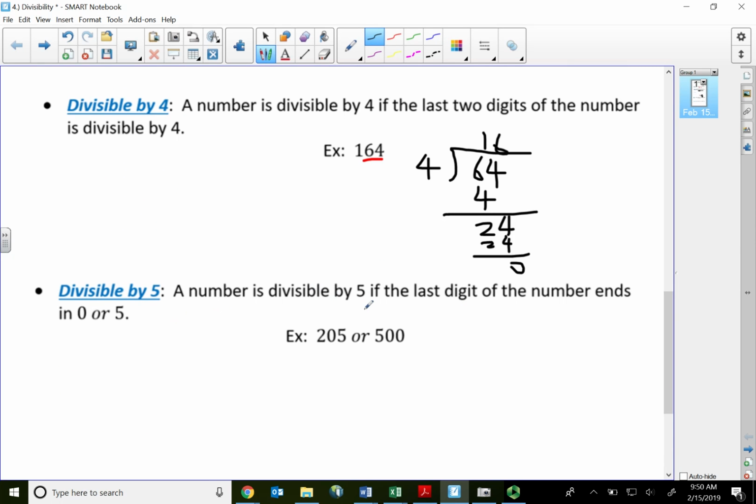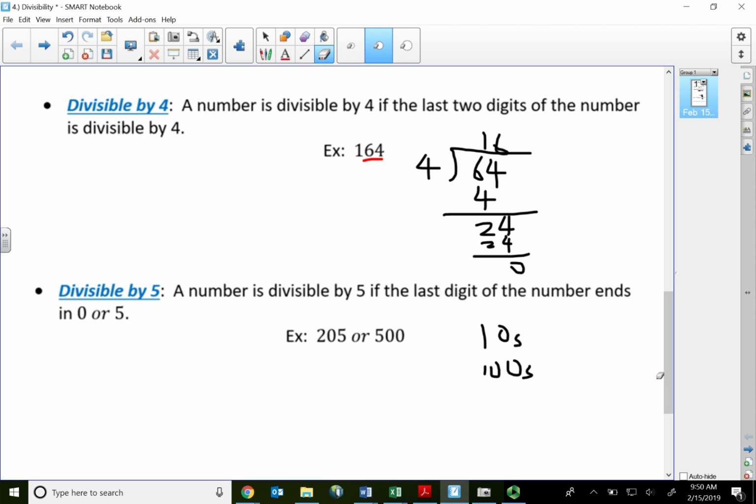A number is divisible by 5 if the last digit of the number ends in 0 or 5. Make sure you understand, if the last digit ends in a 0, that 0 is referring to the tens position, and a double zero means hundreds.